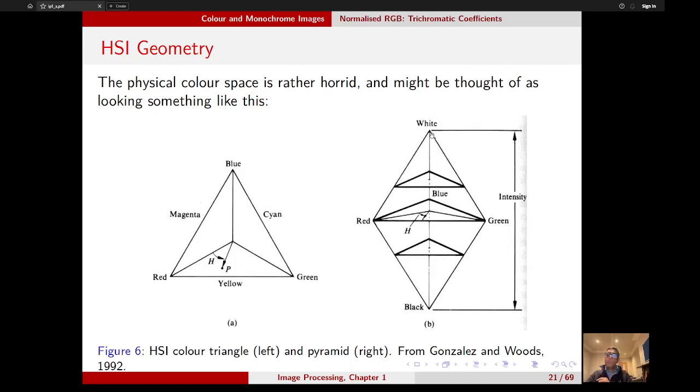In other words, if we were to take RGB color space and find the line between 0, 0, 0 and 1, 1, 1, which is the line containing grayscale information, that is, it's effectively white light, so there's no dominant color, increasing in intensity between 0, 0, 0 and 1, 1, 1, then we are moving in this HSI color space from this point on the pyramid, which is pure black with R equals B equals G equals 0, up to R equals B equals G equals 1. So grayscale effectively lies along the midpoint through here.